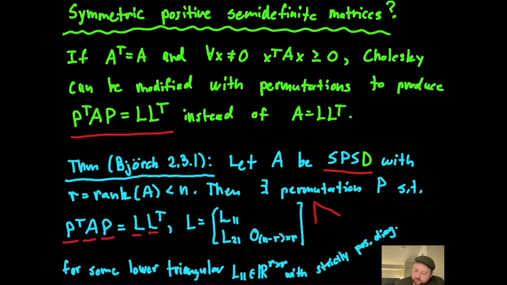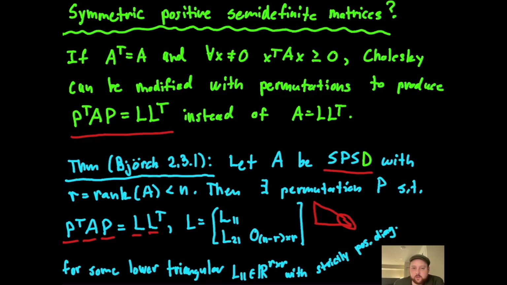Let me maybe draw this triangle. But once you get to some point, you're going to have essentially a block of zeros off to the right. And that will also mean that the L is not invertible, because on its diagonal it will have some zeros. That's what we'd expect, because A itself is not invertible if it has 0 eigenvalues.